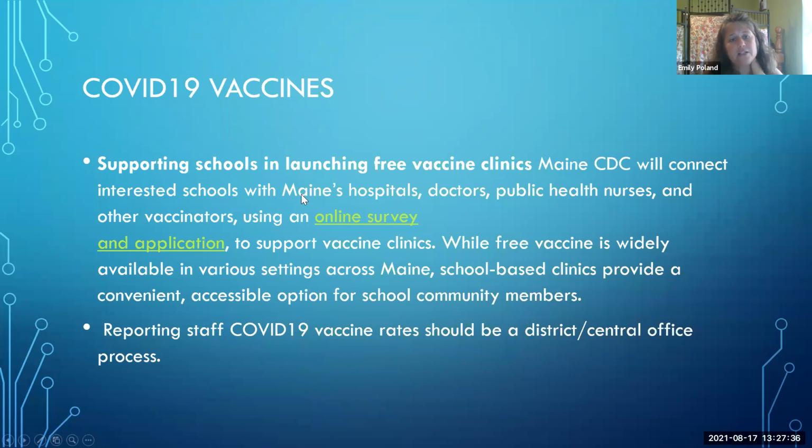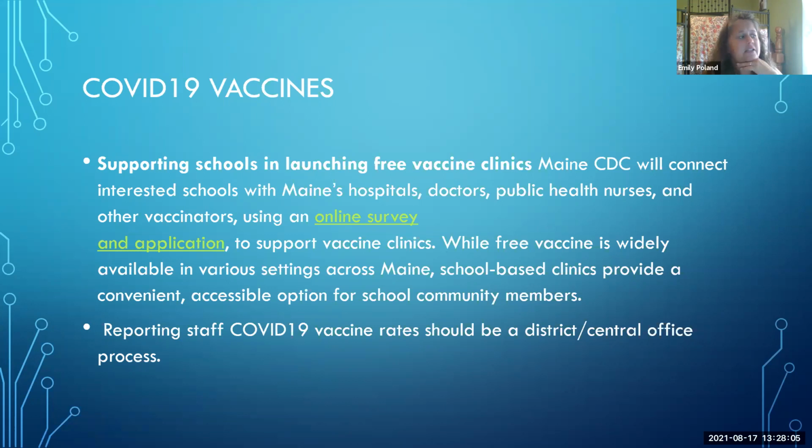The school-located vaccine toolkit has been updated to include COVID and can also be used for any vaccine. This survey that is linked here was sent out to your school earlier, I think the end of July. It asks, what have you done already for COVID-19 vaccine clinics, and are you planning to do something else?